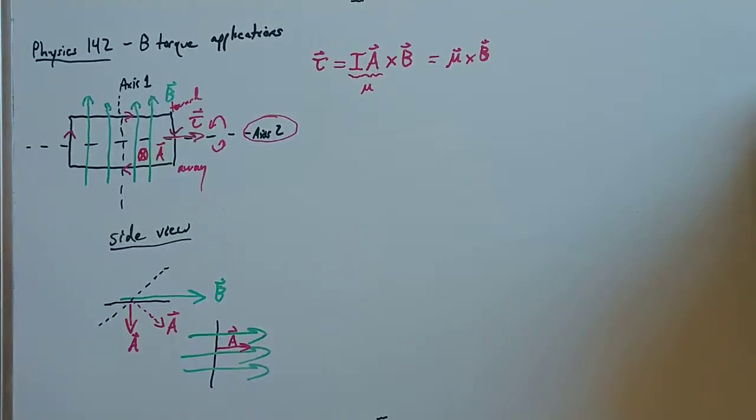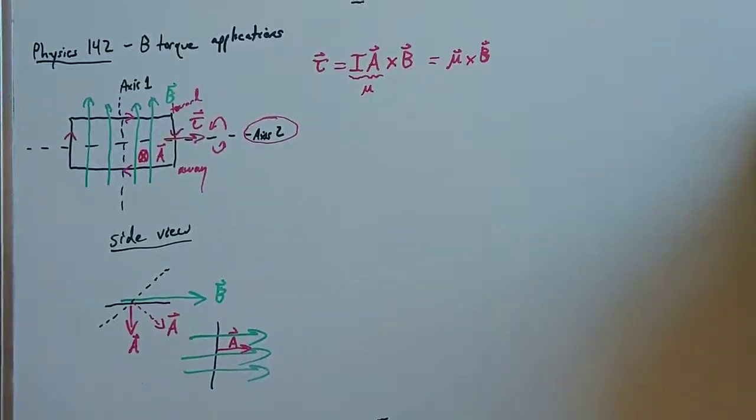The reason that I talk about all this and bring this up is that the major application of using magnetic fields to produce torques is that this is a way that you can produce a motor using electric currents.